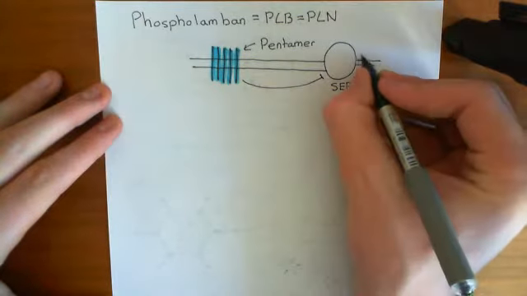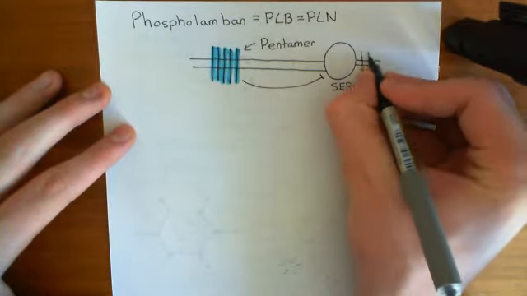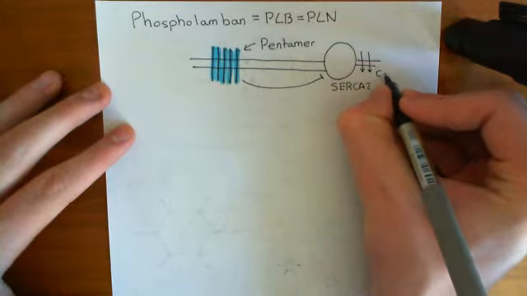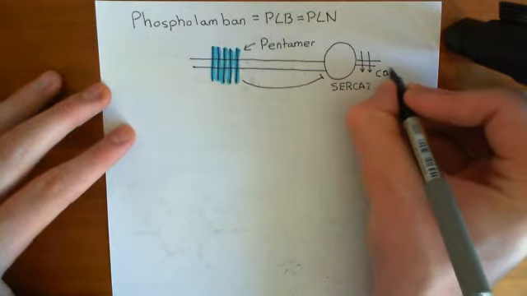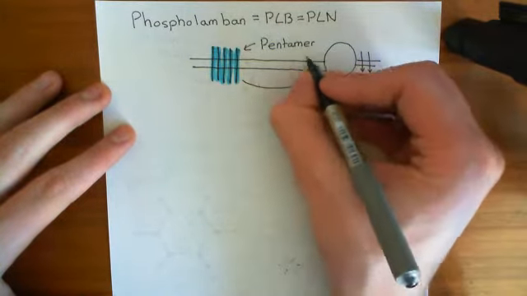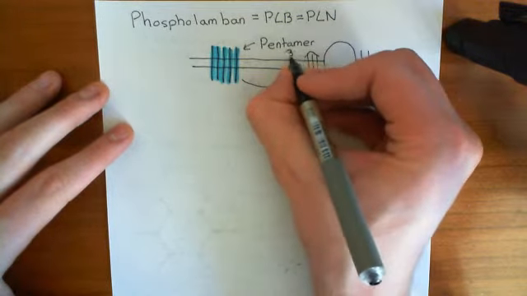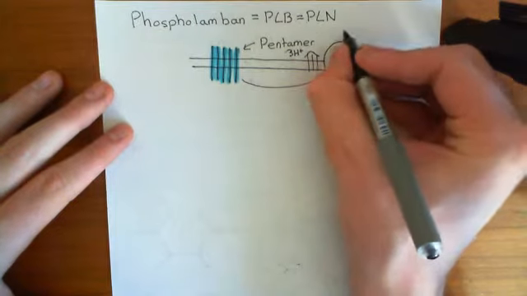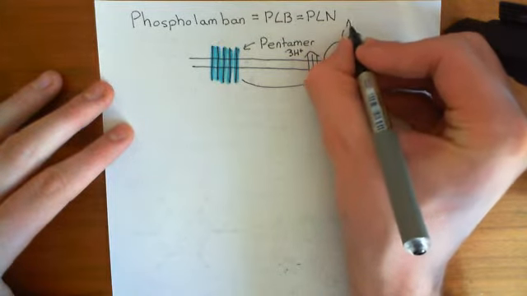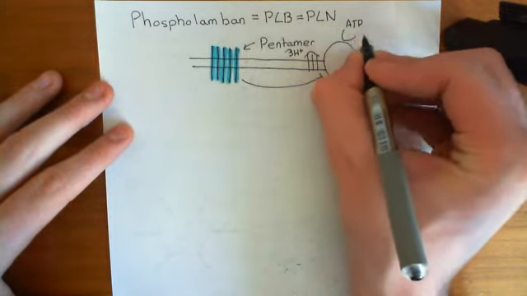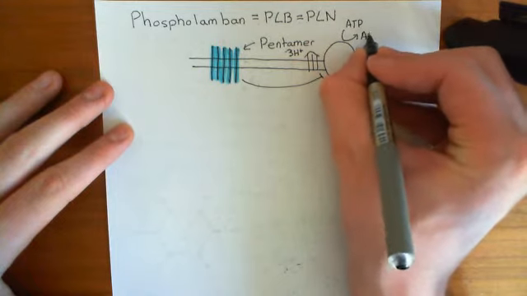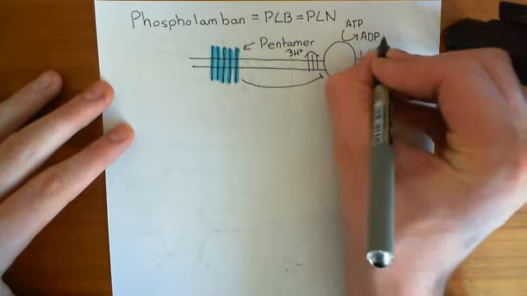And SERCA's role, remember, is to return the calcium back into the SR. So 2 calciums come in, 3 protons go out, and every time you do that, you are hydrolyzing ATP to ADP and inorganic phosphate. So here's ATP going to ADP and inorganic phosphate.